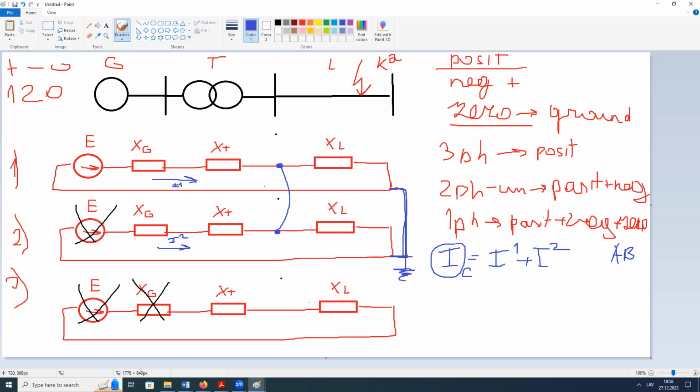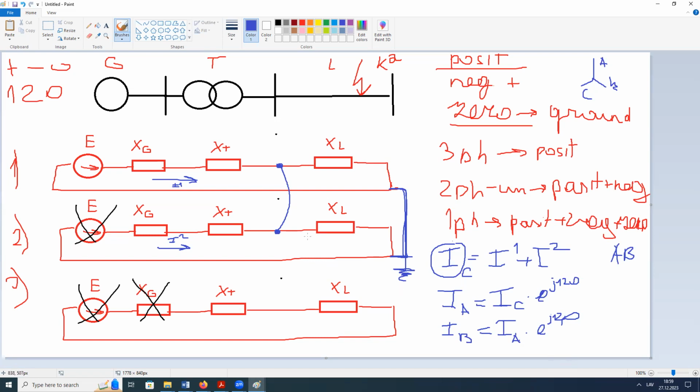And if we wish to calculate A and B, we need to rotate this vector by 120 degrees, because we need to multiply by a rotation factor. This is how, using this theory, we could get the value of current for each phase.